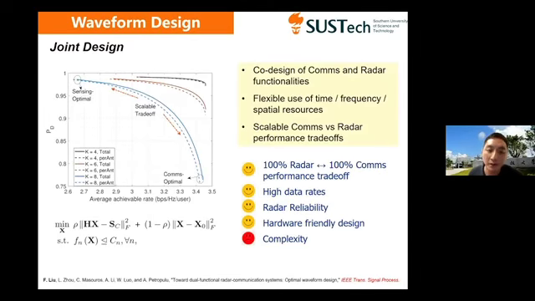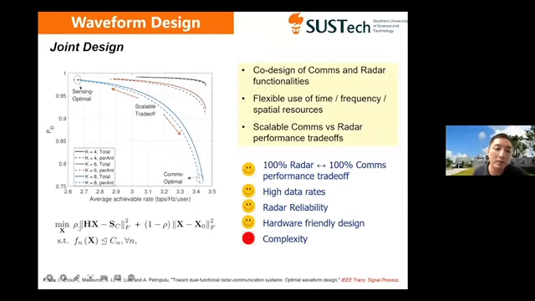Then finally, we can also consider joint design, which can be a co-design of the communication and radar functionalities from the ground up, which is not based on any given radar or communication waveforms. So for example, we can have such optimization problems where we minimize the communication multi-user interference and a weighted combination of the radar waveform similarity, subject to some utility functions, okay?